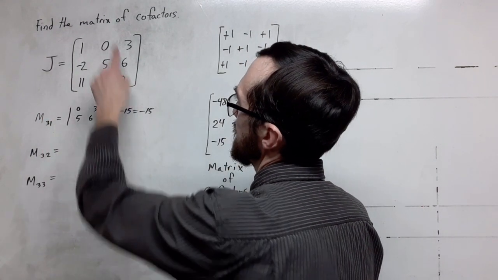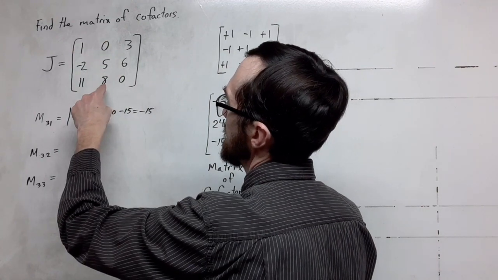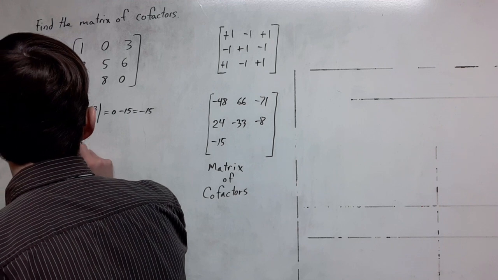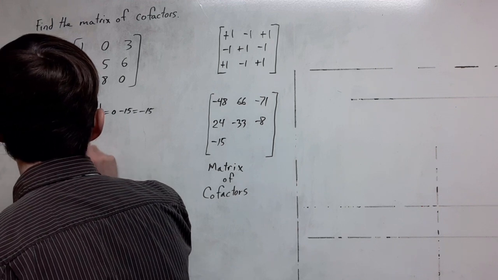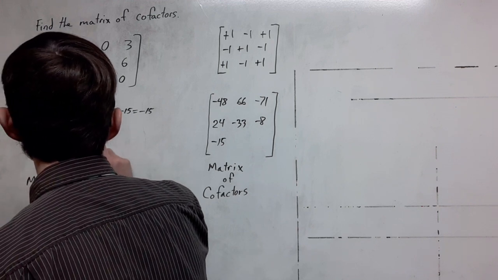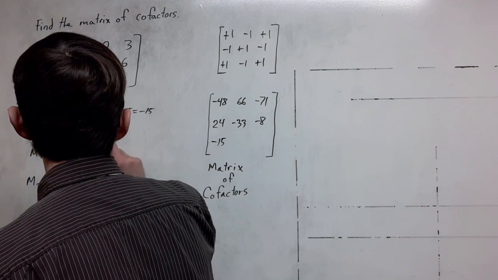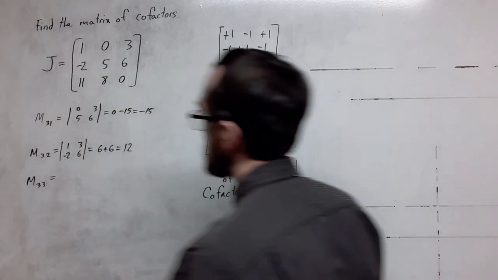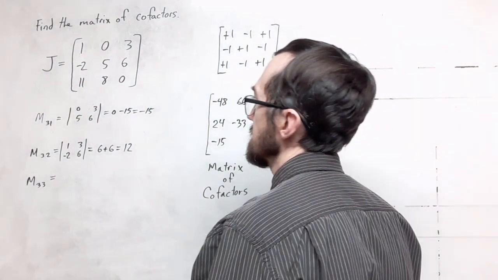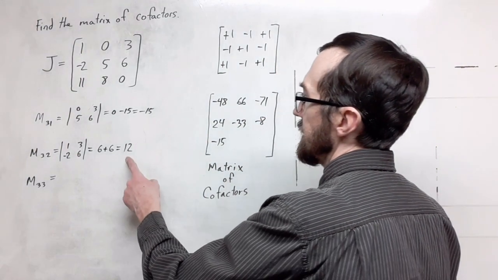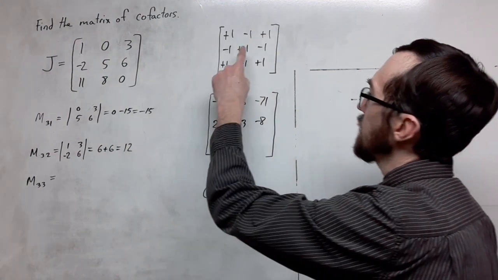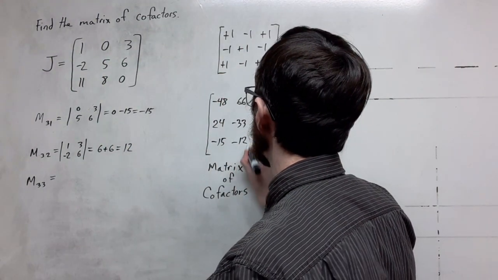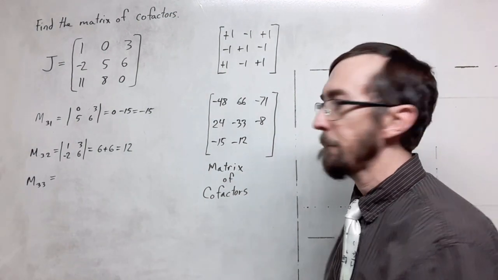And then we move to 3, 2. Eliminating row 3, second column, we have 1, 3, -2, 6. We end up with a +12 here. We'll multiply it by a -1 here to have -12 as our cofactor.